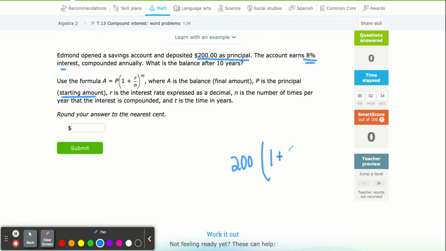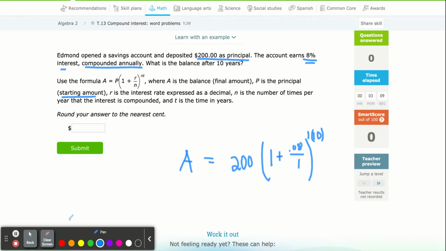Okay, 8%, we write it as a decimal, 0.08 as a decimal divided by, and this is compounded annually. Annually means yearly, so it's just going to be a 1 there, all in parentheses, raised to that, and we're going to do the balance for a total of 10 years. So I do 10 years, and again, technically I times that by 1 because that's 1 time I'm accruing interest per year. And then that is going to give us our final amount.